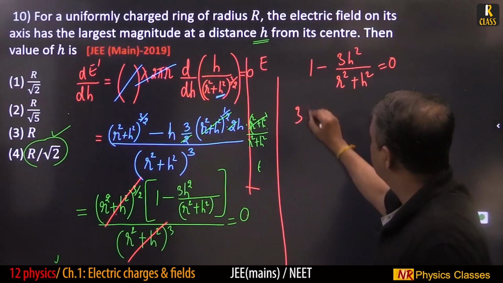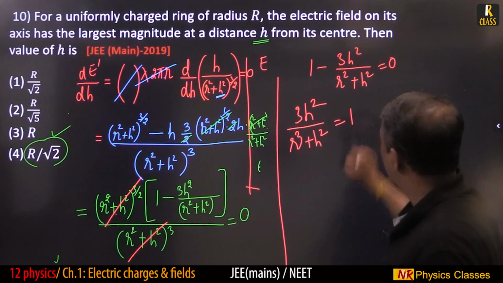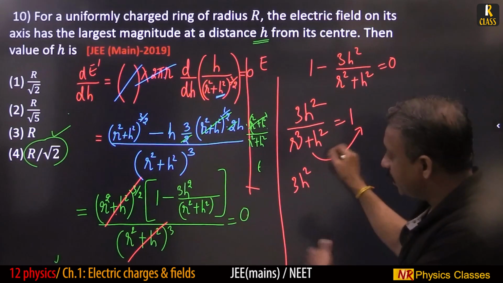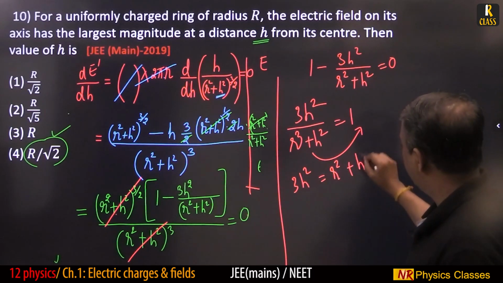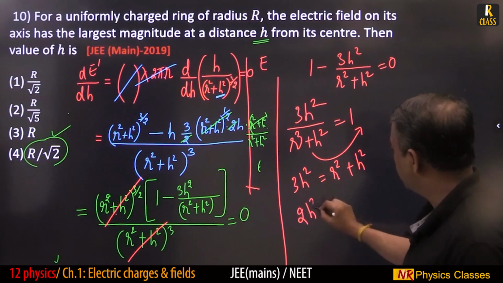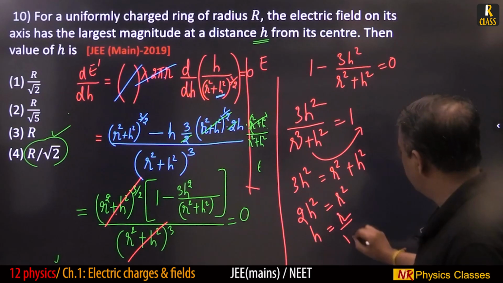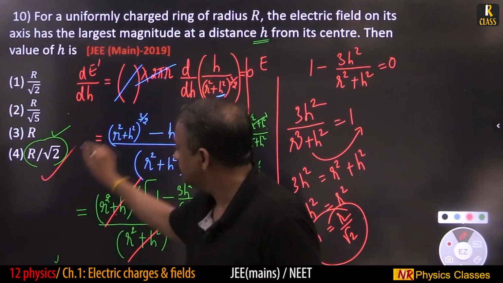Bring it to this side: 3h square by r square plus h square equals 1. Just rearrange, 3h square equals r square plus h square, so 2h square is r square. So h equals r by root 2. h equals r by root 2.